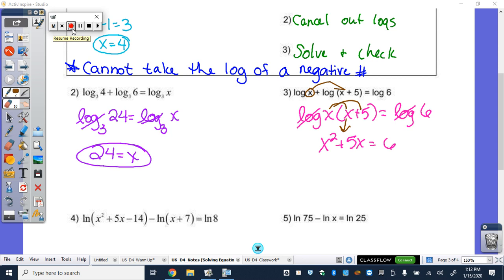All right, so we're going to have to factor because I have an x squared in there. So I want to subtract my 6 over. So what multiplies to negative 6 and adds to give us 5? No. 6 and 1.